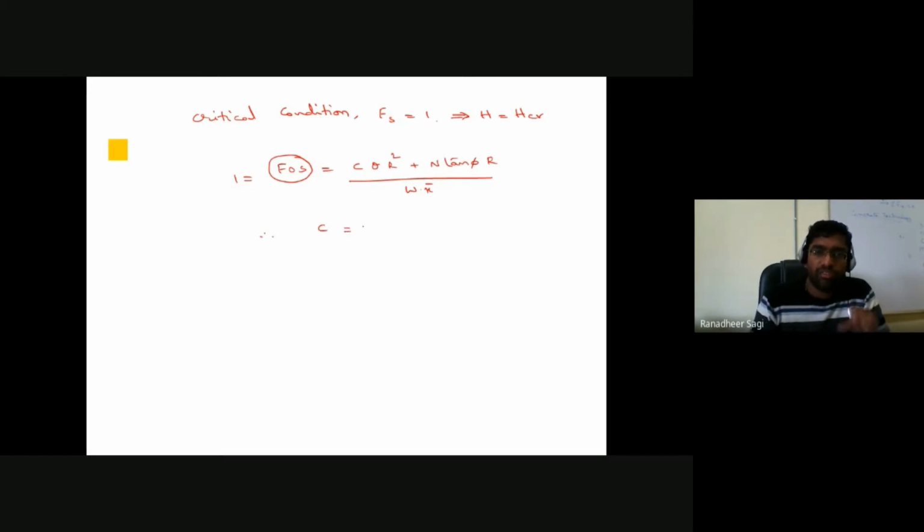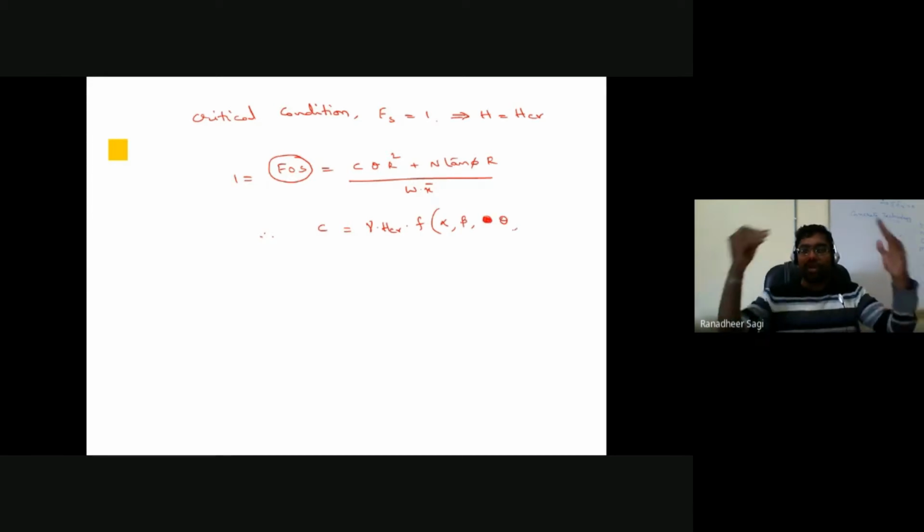Your cohesion for a critical factor of safety equal to 1, where h is equal to h critical, your c value I can write as gamma into h critical into some other terms, where those other terms would be functions of the alpha parameter, beta parameter, and what we call theta. What does theta mean?